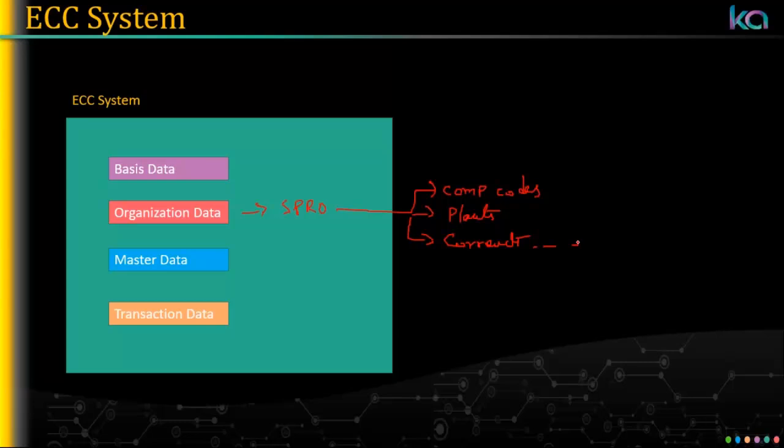So that's how your ECC system will start working. Are there any questions on this? Hope it's a universal fact. No question, Karthik. Okay. So now if you look at the data from the dependency point of view, the transaction data is dependent on master data. And the master data is dependent on organization data.